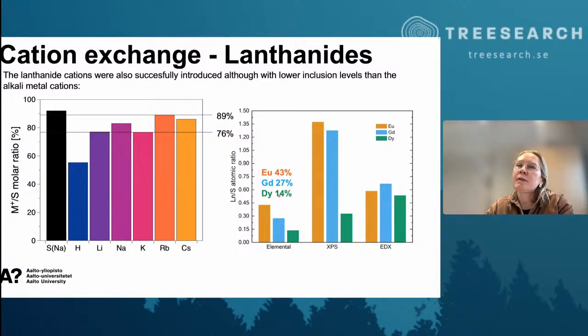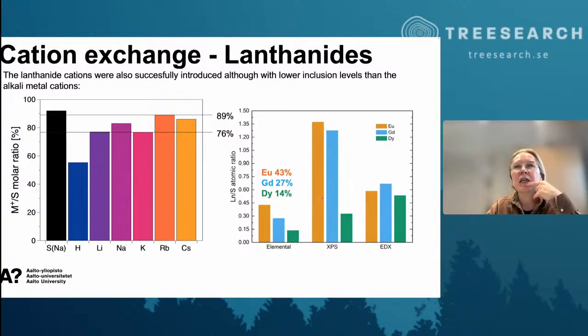And here with this analysis, you can see elemental composition with respect to XPS. You can consider that the elemental analysis will probe the cations or the lanthanides wherever they are, and with the XPS we are more on the surface.